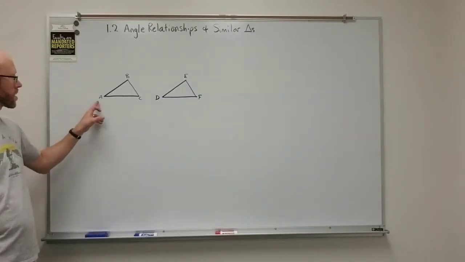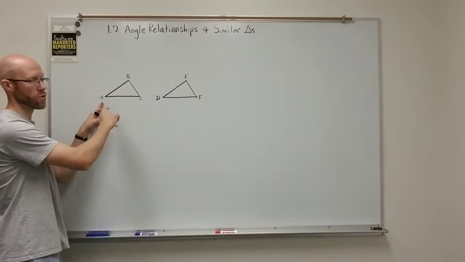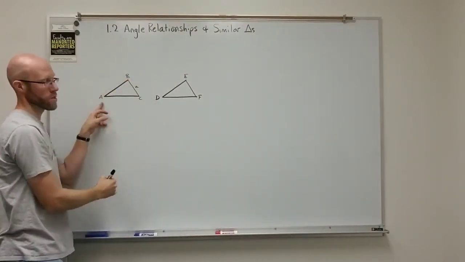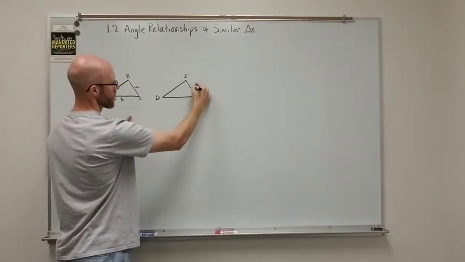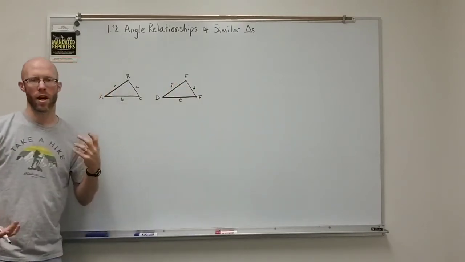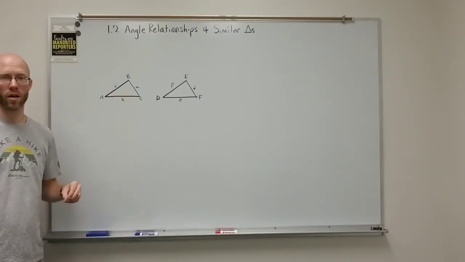And then the corresponding, or the opposite side of each angle, we'll use those lowercase letters. So opposite angle A is little a for the side, little b, little c, little d, little e, and little f. That's a common way to represent sides and angles on a triangle.